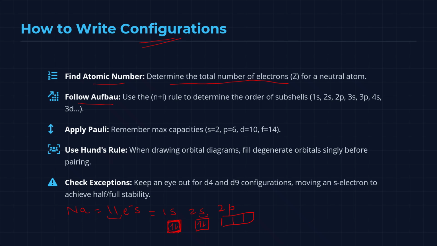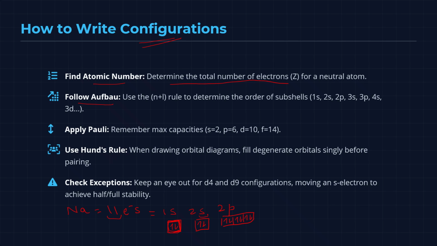Now out of 11, 4 electrons we have written here, and 7 electrons are left behind. Here 3 orbitals are there. 3 orbitals can accommodate a maximum of 6 electrons. So we will write here 6 electrons with opposite spins like this. Now 6 electrons we have written.